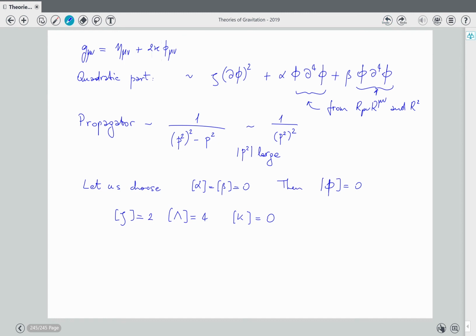So now that phi has dimension 0, kappa has dimension 0, the theory does not contain any coupling of negative dimensions. So necessarily it is renormalizable.